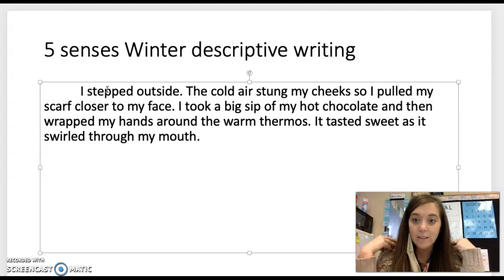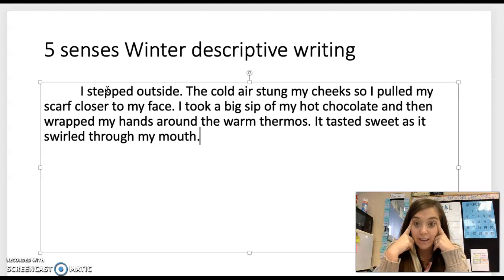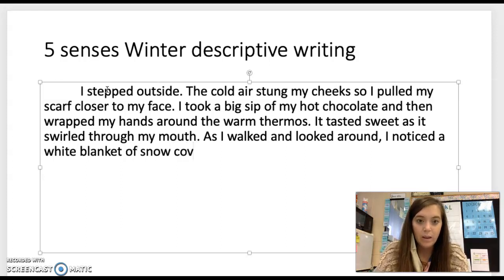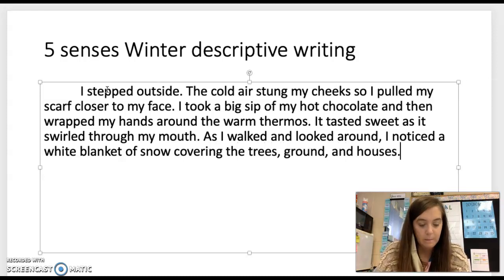So I've felt something, I've tasted something. Now maybe I should see something. So I'm going to say, as I walked and looked around, I noticed a white blanket of snow covering the trees, ground, and houses.